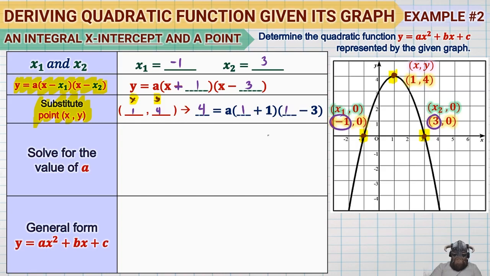Yan. So, as we continue, we'll try to use this given equation or yung nagawa nating equation para ma-solve yung value ni a. So, let's just copy that one. Yan. O, tama ba? 4 is equal to a times 1 plus 1 times 1 minus 3. Ayan, tama tayo. Now, as we continue, copy muna natin to si 4, then a, 1 plus 1 is 2, then 1 minus 3 is -2. Yan.